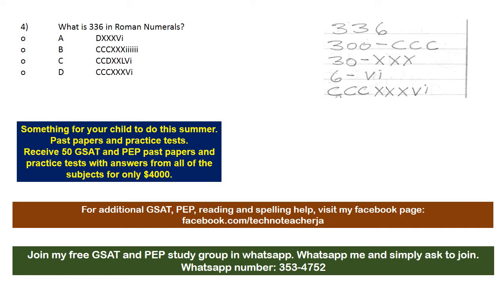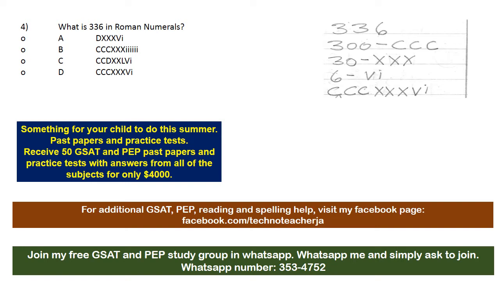Next, C is 100, CC is 200, and CCC is 300. Okay, next, M is 1000, MM is 2000, and MMM is 3000.